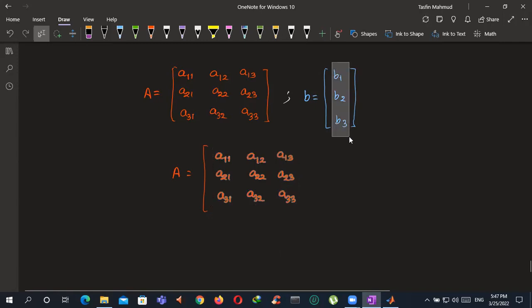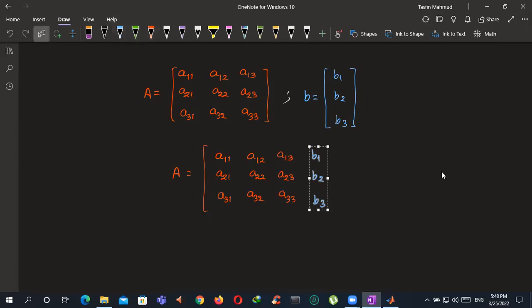We are actually increasing one column. So this is the augmented matrix. We call this matrix the augmented matrix.